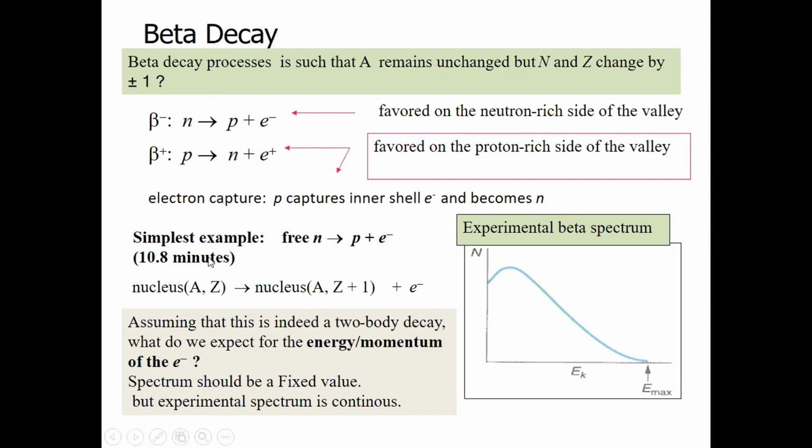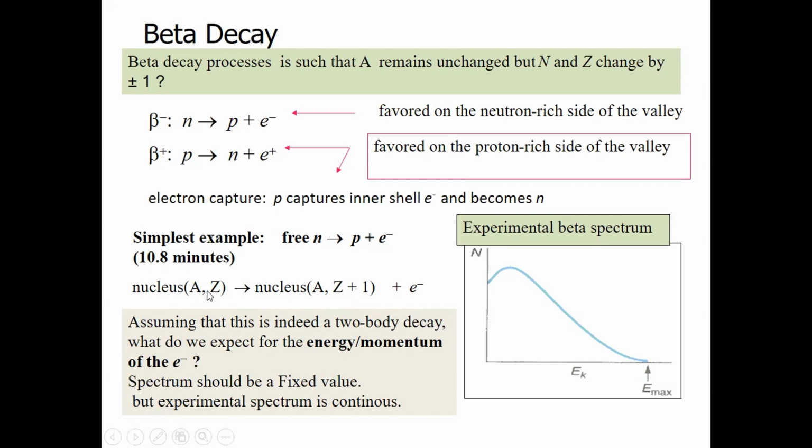But the simple example is a free neutron. If a free neutron is allowed to sit, then that neutron will break into a proton and electron. It is about 10.8 minutes time in which, on the average, it will decay.